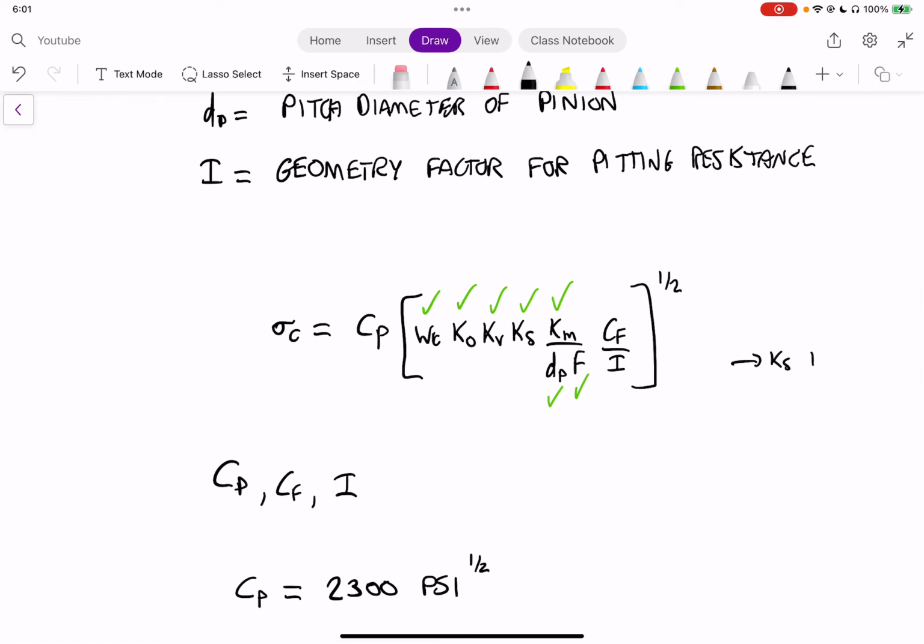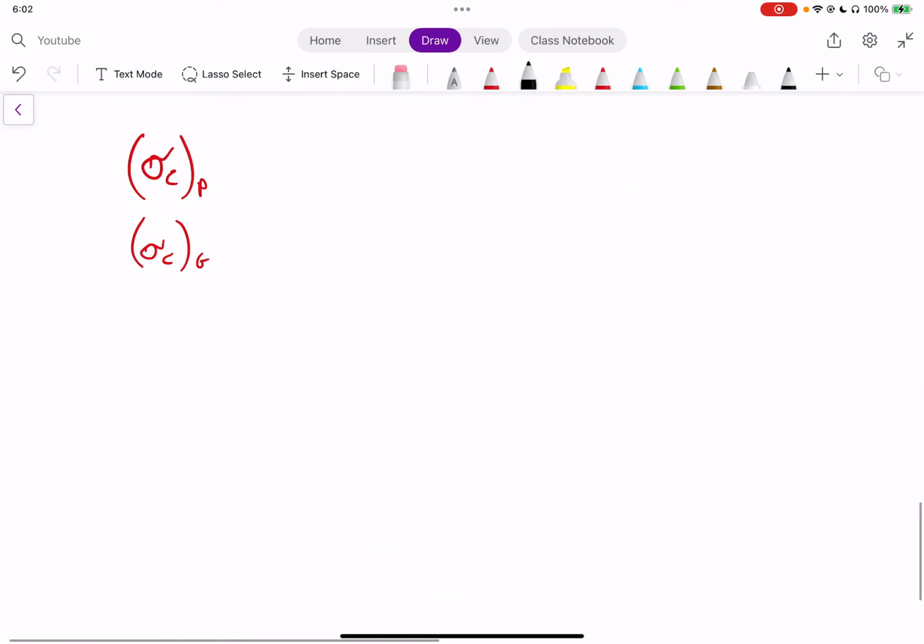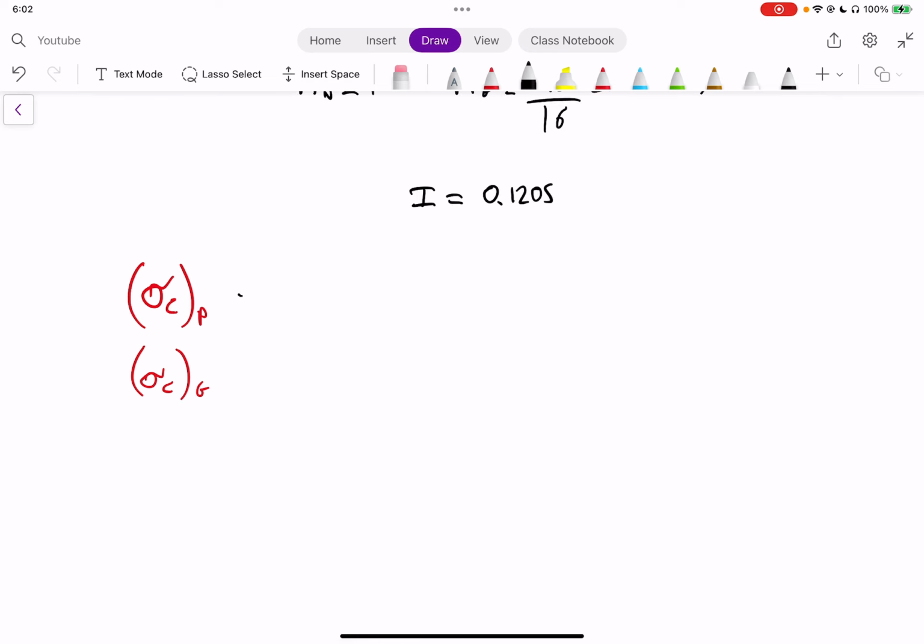So Ks is different for pinion and gear. Since Ks is different, we're going to have a different value for sigma c. Now, sometimes you'll assume that Ks is equal to 1. That's an assumption that you can make, especially if you're under time constraints. And if you assume that it's equal to 1, essentially your sigma c for pinion and gear would be exactly the same.